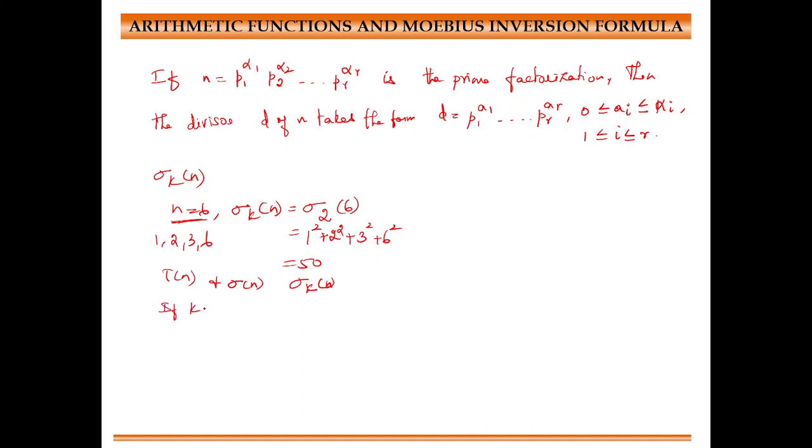If k is equal to 0, then sigma 0 of n is equal to tau of n.